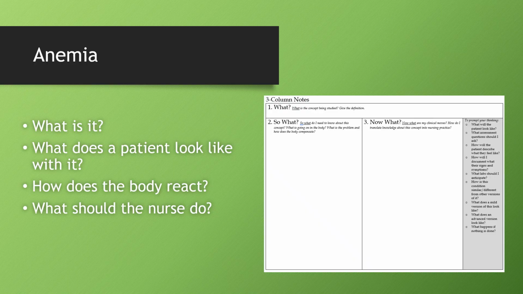When you are looking at this handout, I want you to think about what will the patient look like, what assessment questions should you be asking, what will the patient describe as far as what they are feeling, how are you going to document these signs and symptoms, what labs are you going to be anticipating, and then how the condition is similar from different versions, and then what does a mild version of anemia versus another more severe, and what does the more advanced look like.